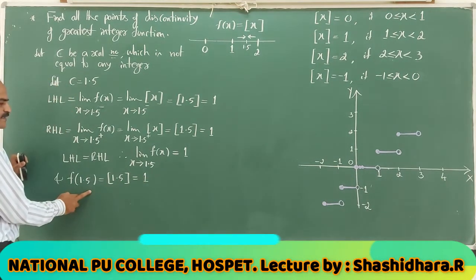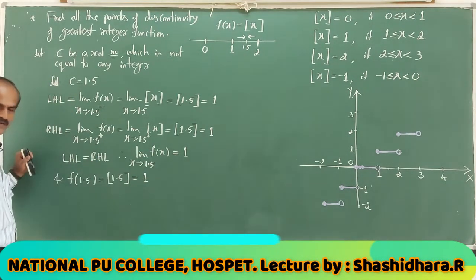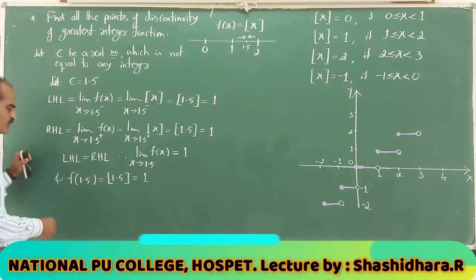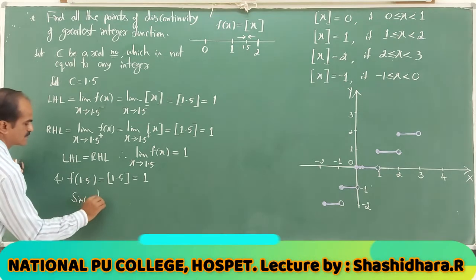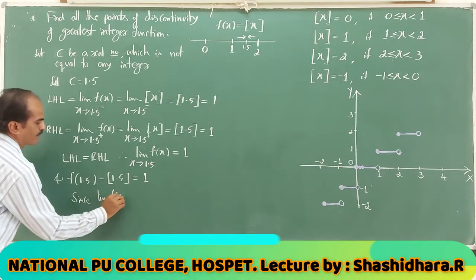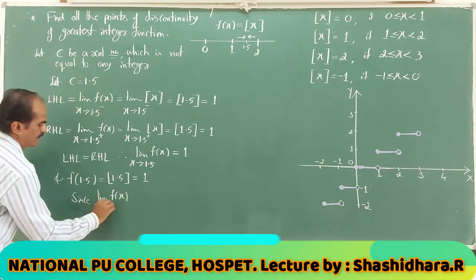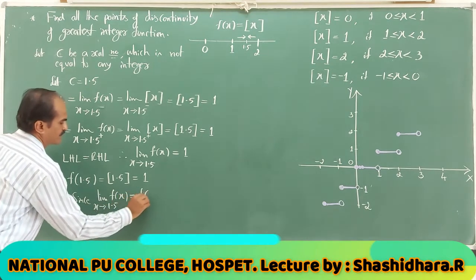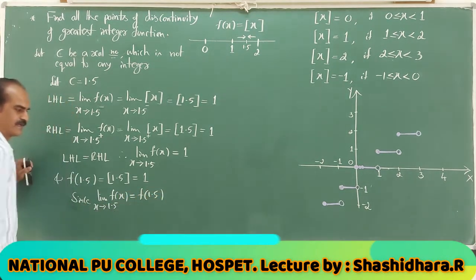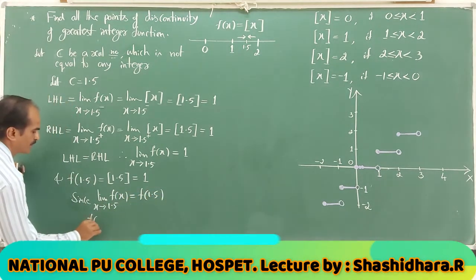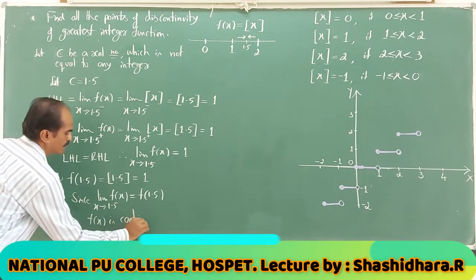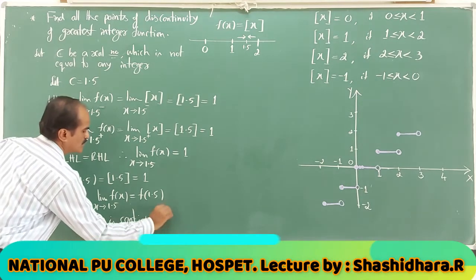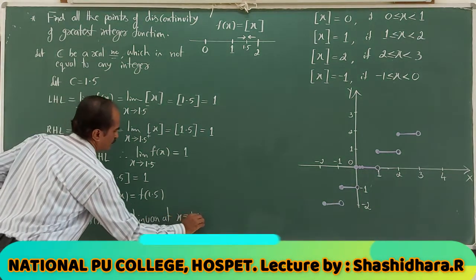So the function value and limiting value are identical, they coincide. Therefore, since the limit of f of x as x approaches 1.5 is the same as the function value at 1.5, f of x is continuous at x equal to 1.5.